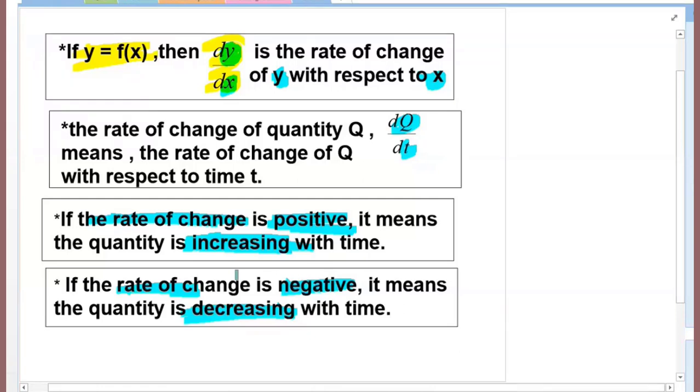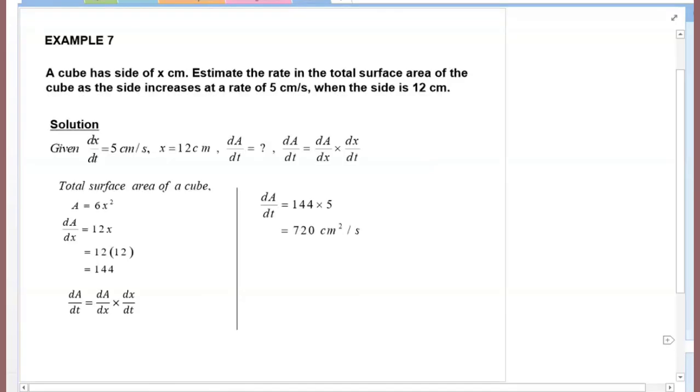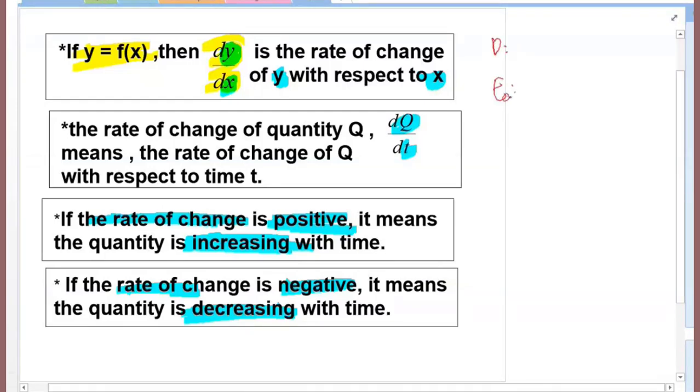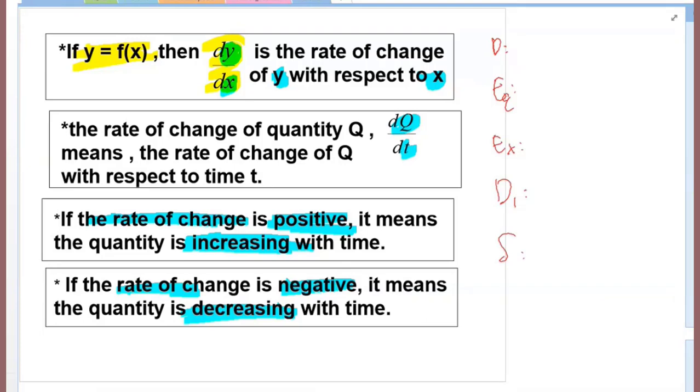For this one, I introduce an acronym: DEEDS. First, draw a diagram.